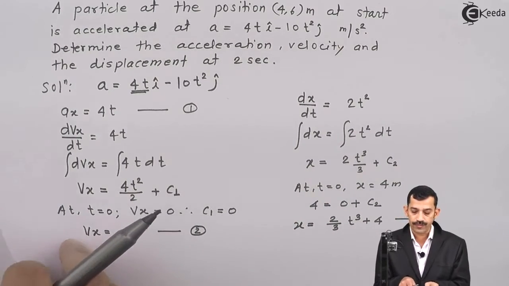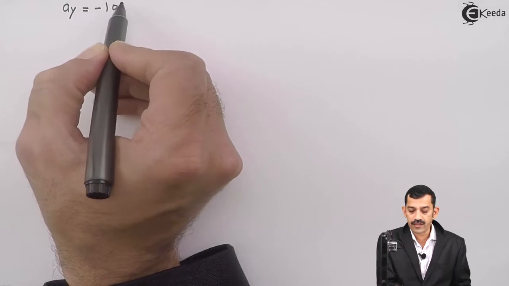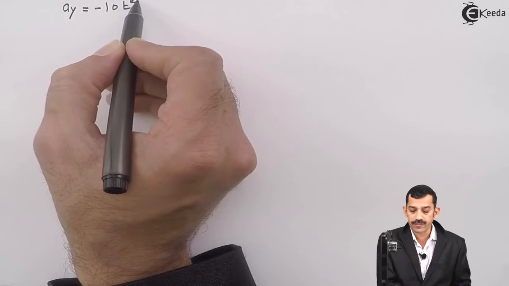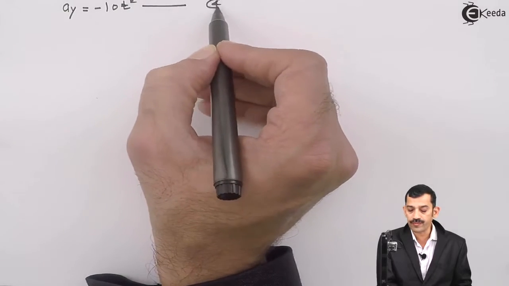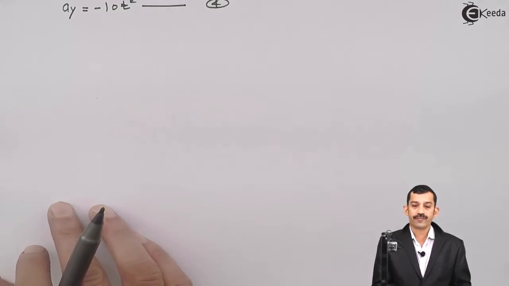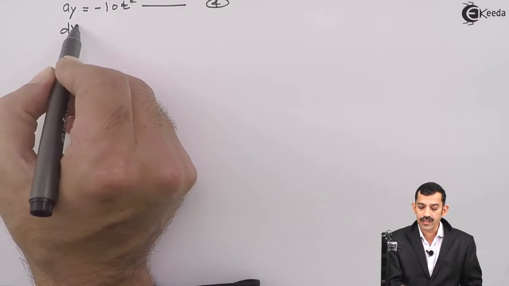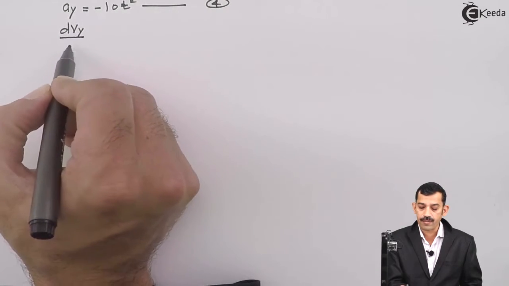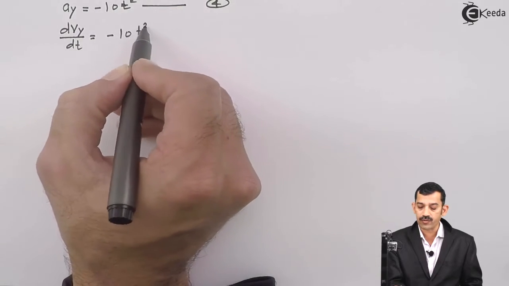So what is known? ay equal to minus 10t square, say equation number 4. Now if we write ay in terms of velocity, it is dvy by dt equal to minus 10t square.